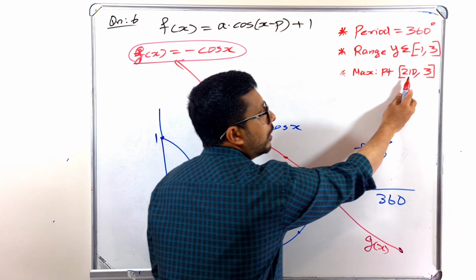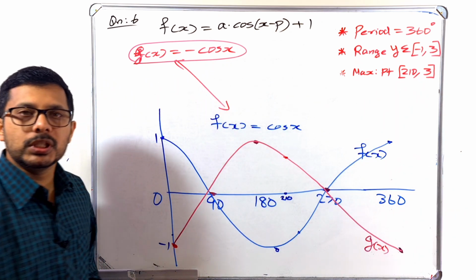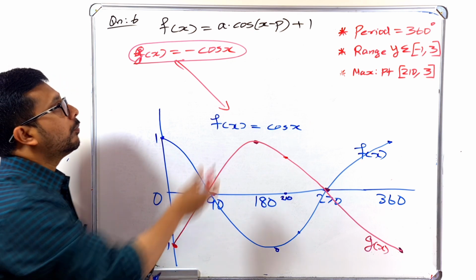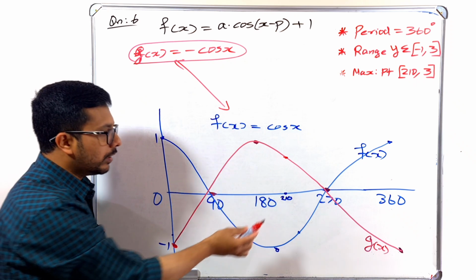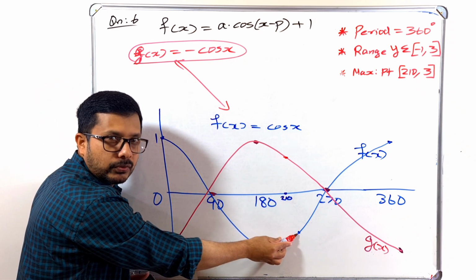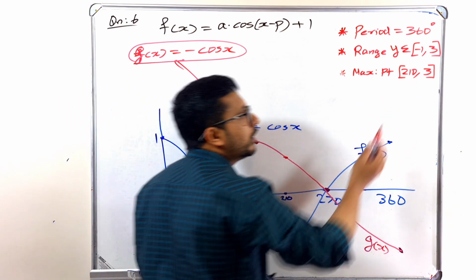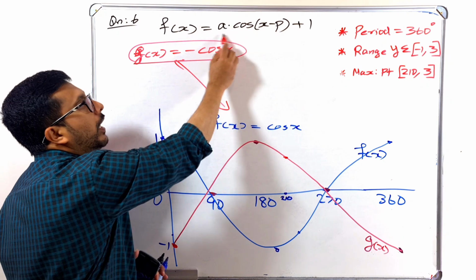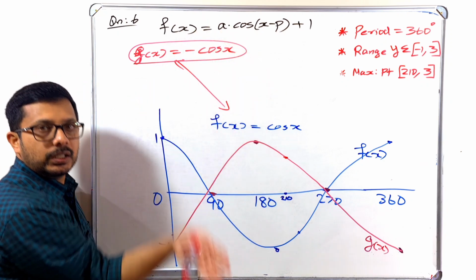That is why when x is 210, they are getting a positive y value. If it is a normal positive a value here, then for 210 they are supposed to get a negative y value, but here for 210 they are getting a positive 3. It means that the value of a is negative, or they are talking about the reflected graph.